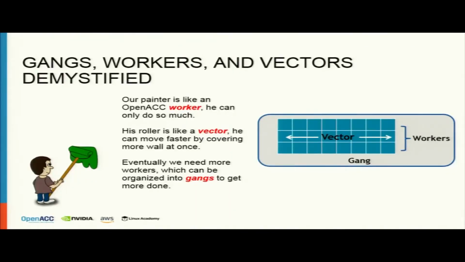So to summarize, our painter was like a worker, right? He can only do some amount of work. By having a roller, you can think of it like a vector. A vector is nothing but doing not one element, but multiple elements in one shot.